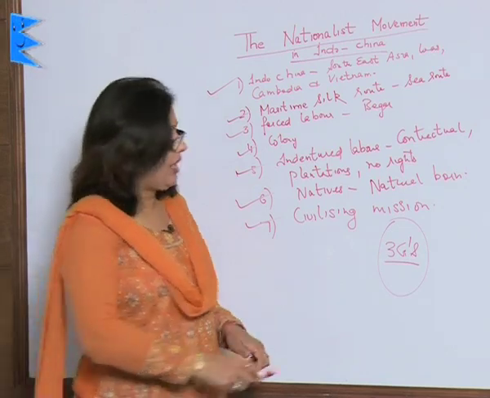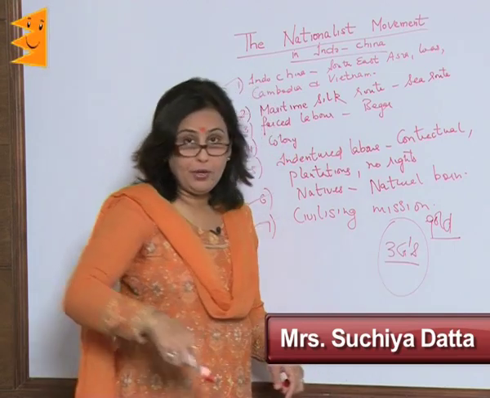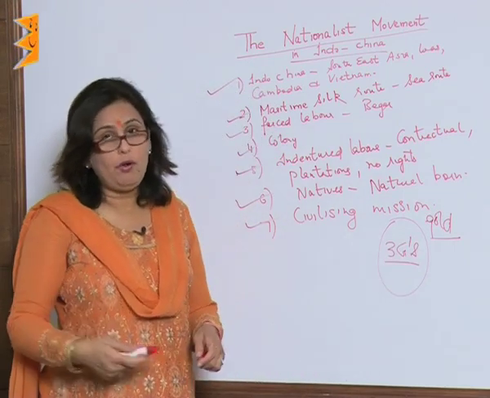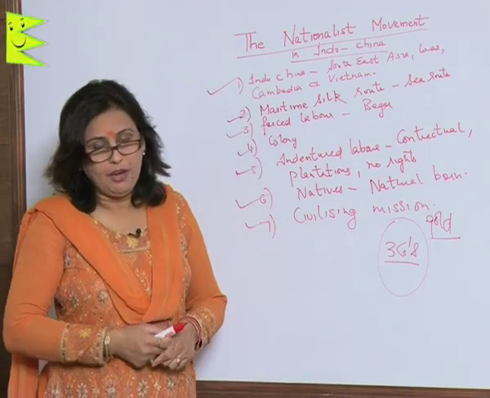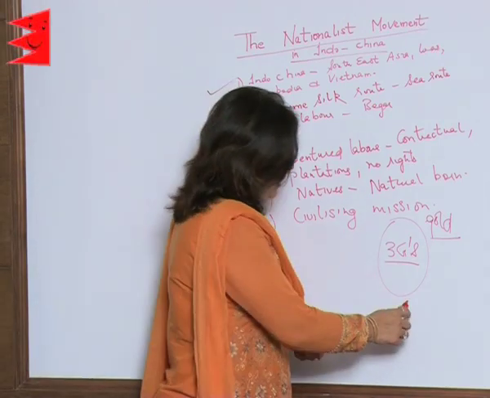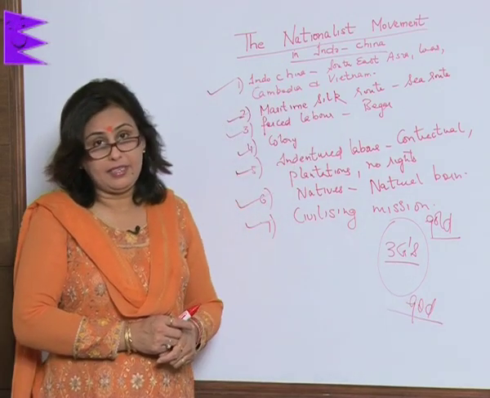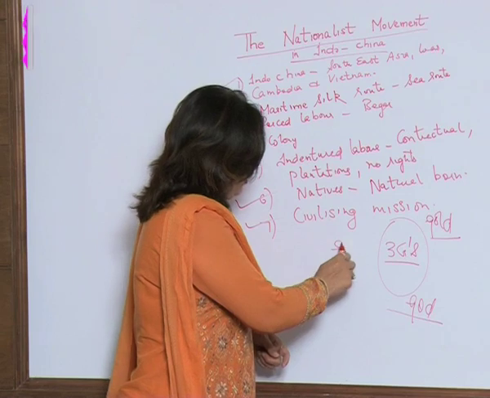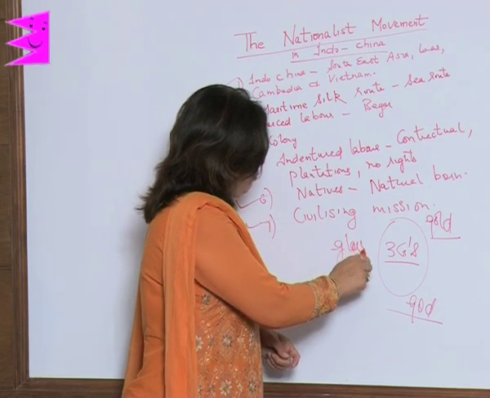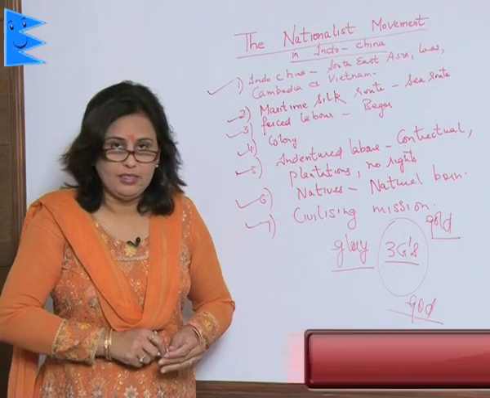And the 3 G's are gold. Gold meaning to say, what did they do? They wanted to get more money from the colonies, from the countries whom they were exploiting. And then it was God. God, that is, they wanted to please Christ, and glory. Glory that they in fact brought to their motherland is the theory of the 3 G's.